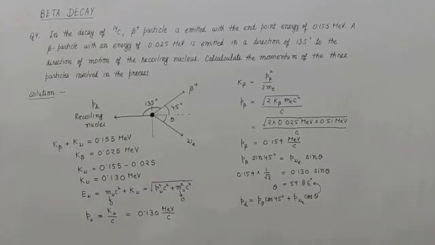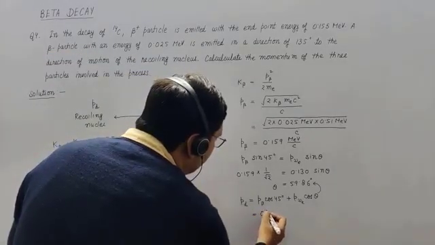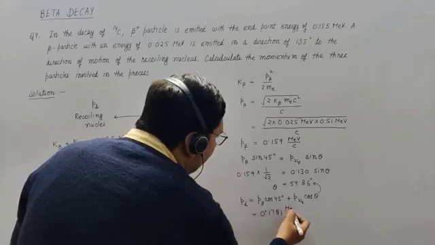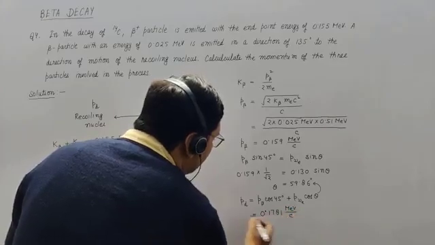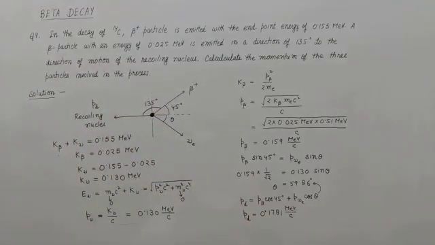Substitute the values of P beta, P nu E and theta, and you will find the momentum of the recoil nuclei, PD, comes out to be 0.1781 MeV/C. In this way we have found all three momenta: the beta plus particle, the recoiling nuclei, and the neutrino.